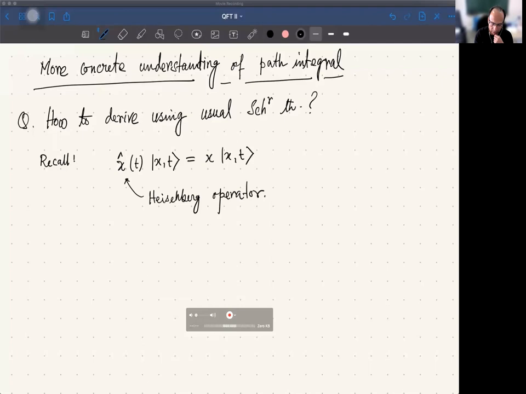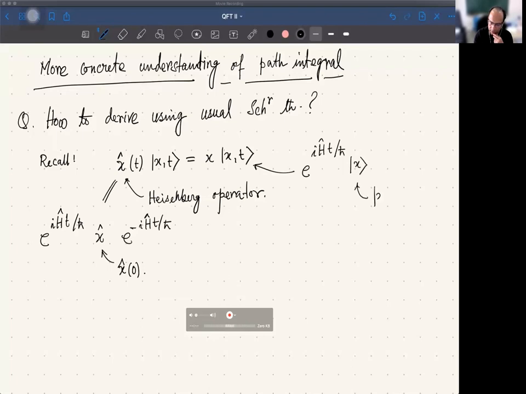So x hat of t is equal to e to the power i H t over h bar, x hat, e to the power minus i H t over h bar, where x hat is the same as x hat at t equal to 0. Similarly, the state has a time evolution given by e to the power i H t over h bar acting on x, where this x is the state at time t equal to 0.